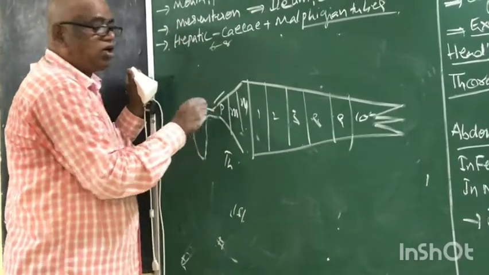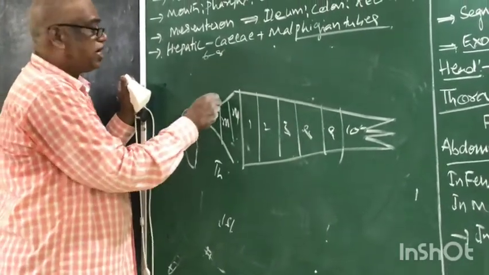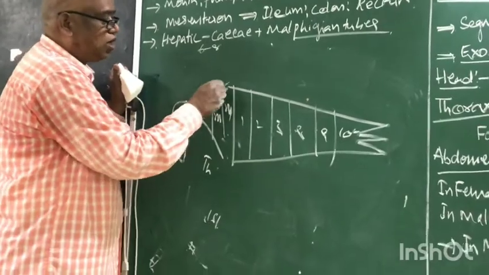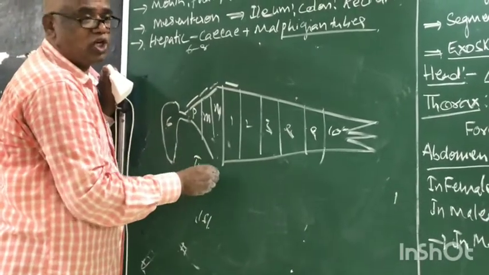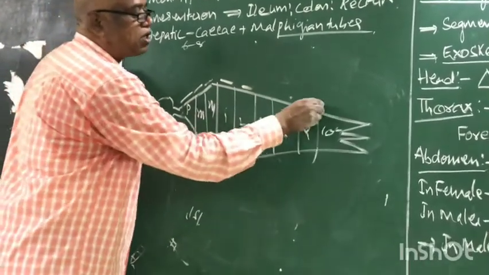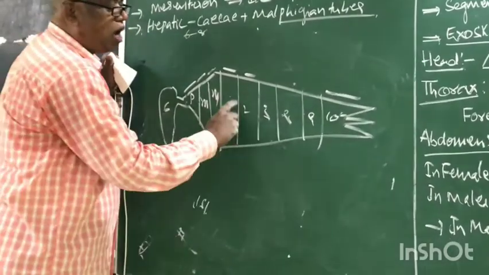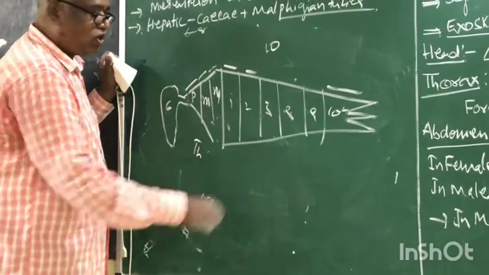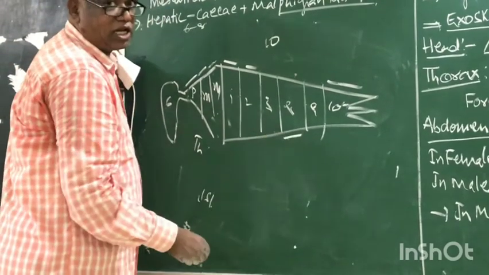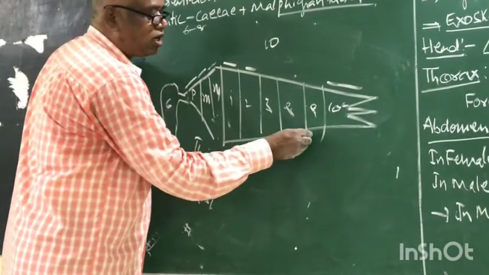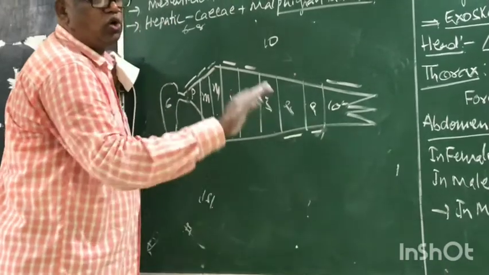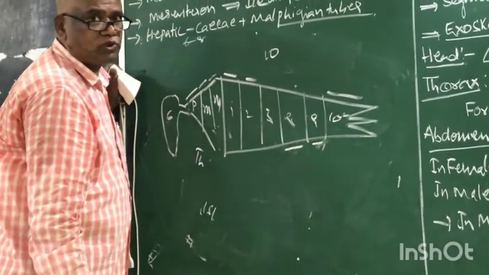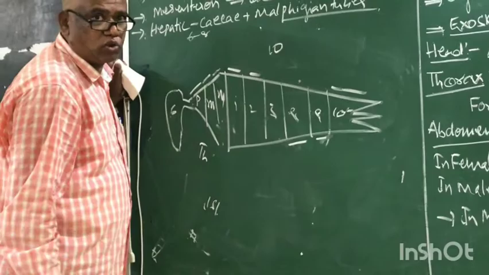Now it is the tergum of prothoracic, tergum of mesothoracic, tergum of first abdominal segment, tergum of second. Like this, the abdomen contains ten terga. But what about the sternum? There is no tenth sternum in both male and female cockroaches.